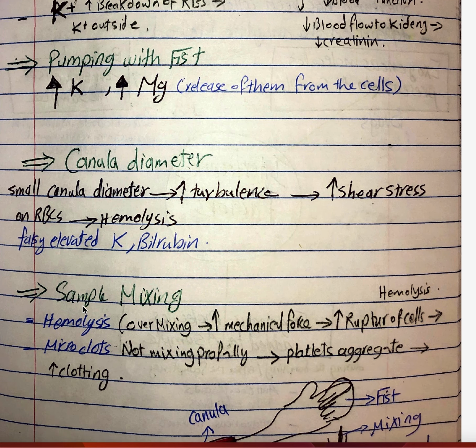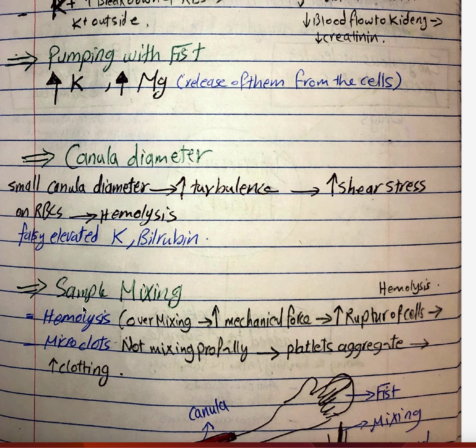Then the sample mixing, how does sample mixing affect that? If it's over mixing, that causes mechanical force, which leads to shear stress and RBC rupture, leading to hemolysis, and you know what is happening: bilirubin elevated, potassium elevated, cholesterol elevated, glucose down, GGT down, creatinine down.